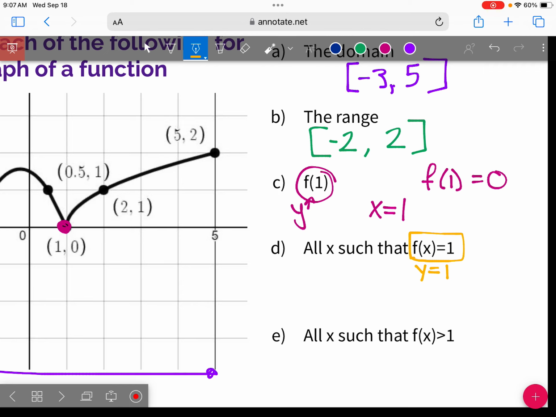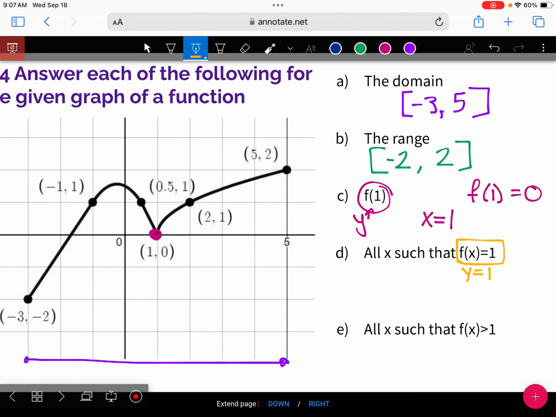Yeah. So we typically write them smallest to biggest. So if we think of the places where my y equals 1, I've got -1 and 0.5 and 2.